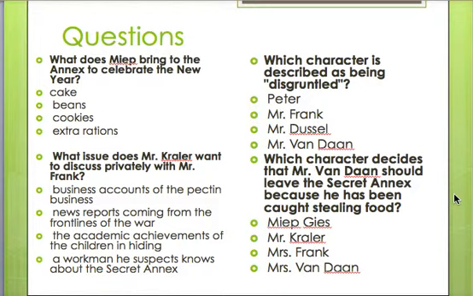Yeah, Mr. Dussel. And which character decides that Mr. Van Daan should leave the secret annex because he has been caught stealing food? Is it Miep, Mr. Kraler, Mrs. Frank, or Mrs. Van Daan? Yeah, it's Mrs. Frank. She thinks Mr. Van Daan should be put out because he's been stealing food.